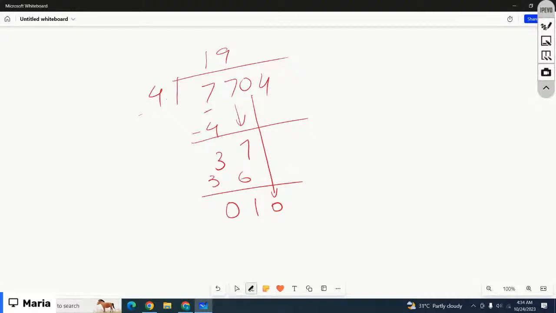So 4 times 2 is 8. 10 take away 8 is 2. Now bring the 4 down. You need to count 4 until 24.